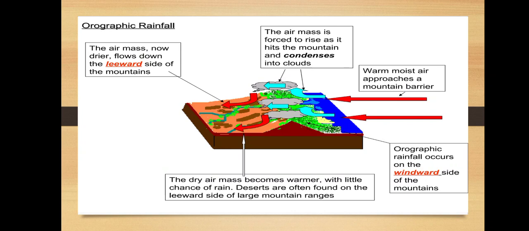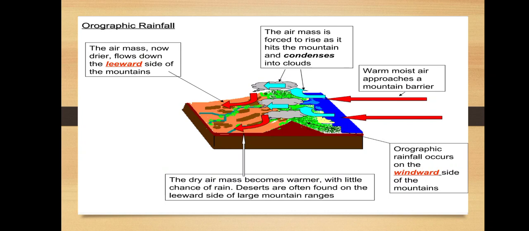So how does it work? The air mass, now drier, flows down the leeward side of the mountains, while the rainfall occurs on the windward side of the mountain. This is the process of how the wind is transferred from one medium to another.